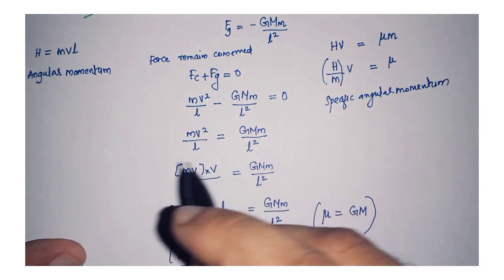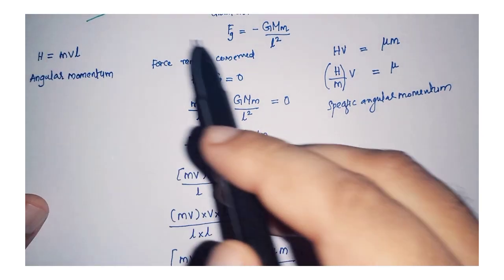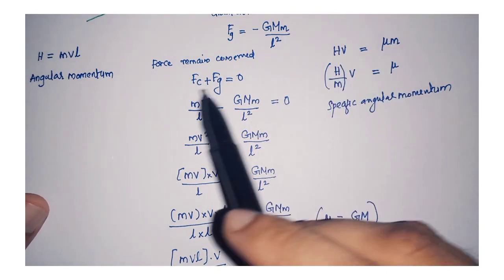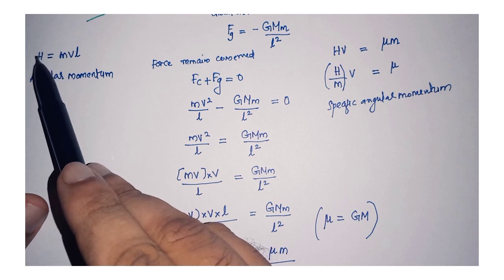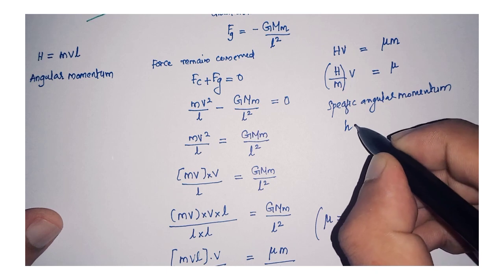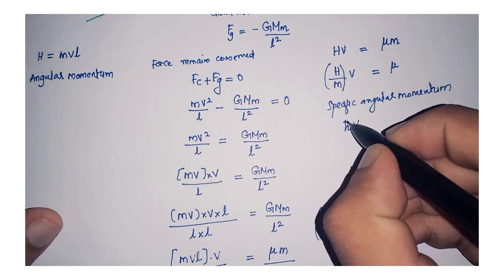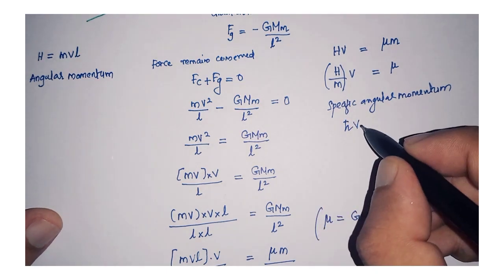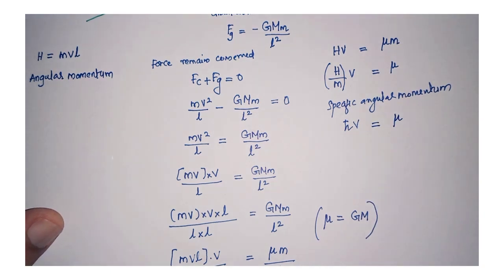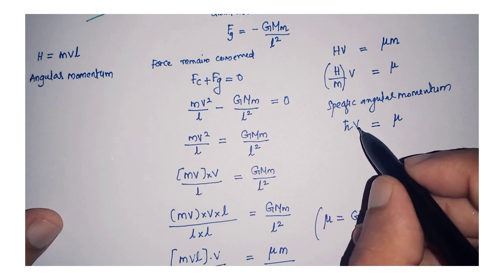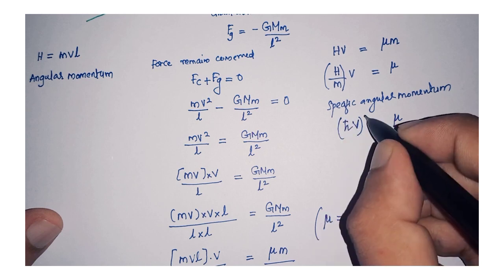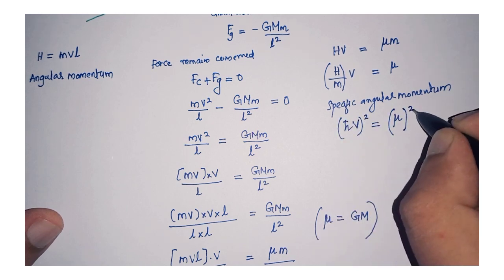In the initial stage, if you are taking H here, then you have to take H by m to be h cap. Here I did not take small h, I have taken the big H. So you can take Hv, or h cap v equal to mu, it's up to you. We already know that v has some term, so let's square both sides, because we don't want any complicated roots.